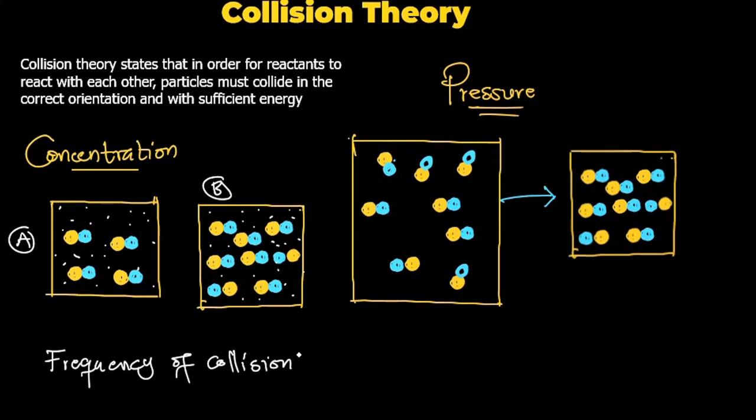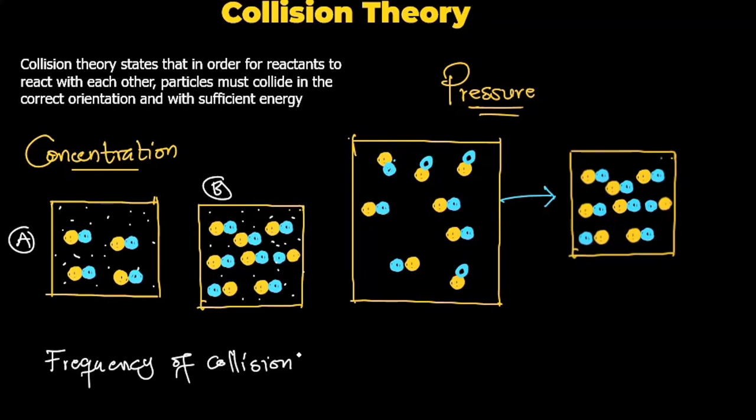So the greater the frequency of collision, the greater the chances of us having effective collision. And effective collision leads to what? Formation of the product. Now, in forming these products, the reactants need to break their bonds. And for them to be able to break those bonds, they need enough energy.